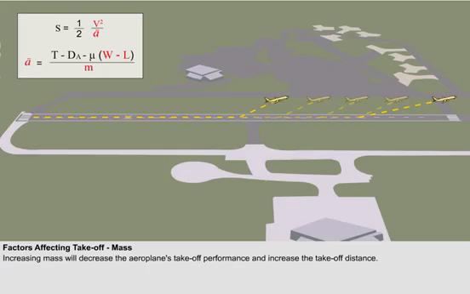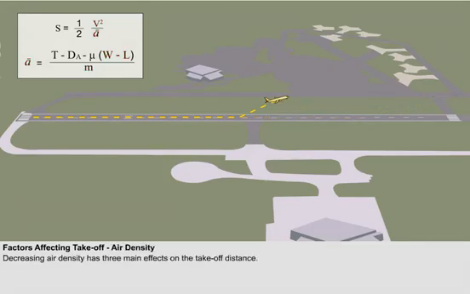In summary, the effect of increasing mass has 4 detrimental effects on takeoff performance. Always ensure that the aeroplane mass is within the performance limitations. Mass calculations are dealt with more comprehensively in the Mass and Balance course as part of your theoretical knowledge training.